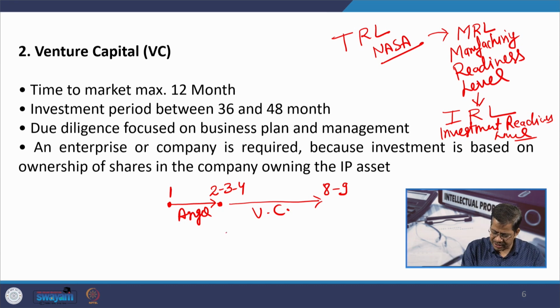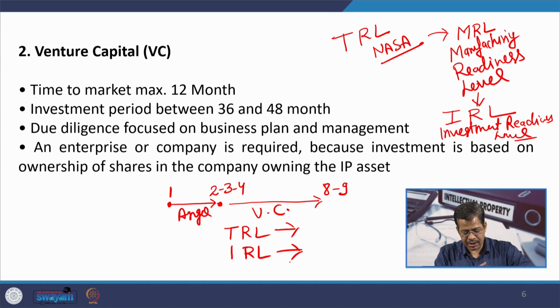You can consider it a TRL movement also, or an IRL movement, and those who are helping you in improving the IRL can again be classified as angel investors or venture capitalists.